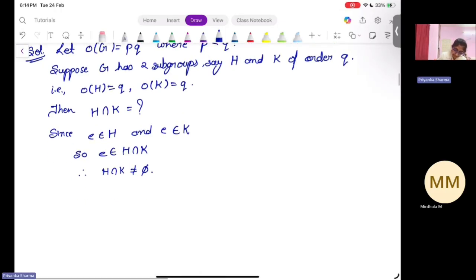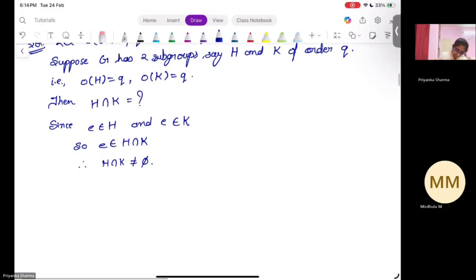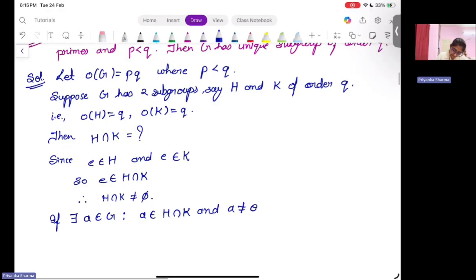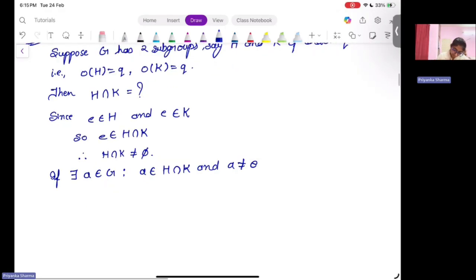If there exists some A belongs to G such that A belongs to H intersection K and this A is other than identity, then what will be the problem? We are willing to claim that H intersection K must be trivial, that is identity.